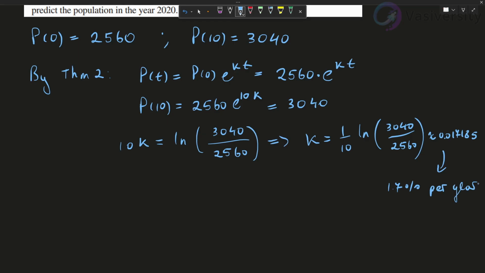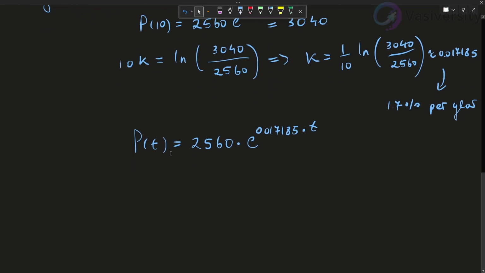Right? That's the relative growth. And so the model, E of t, is now 2560 times e to the power of 0.017185 times time. So now we can predict population in each of the upcoming years.